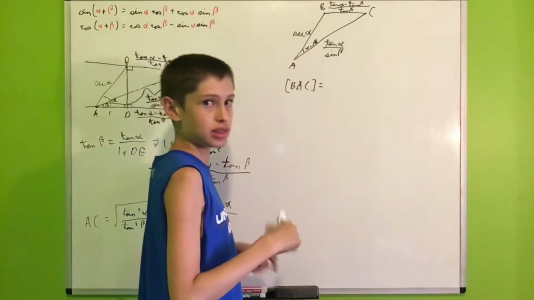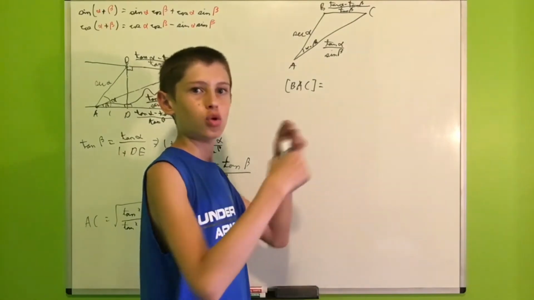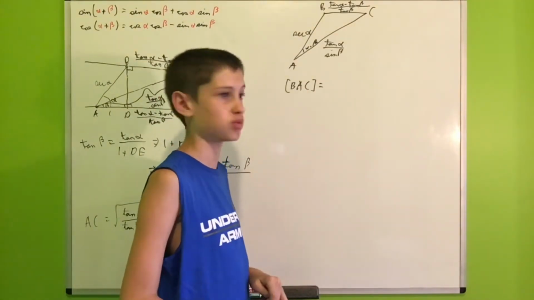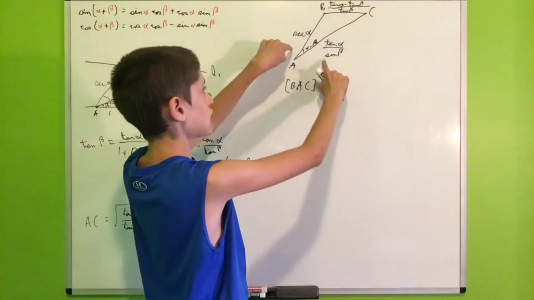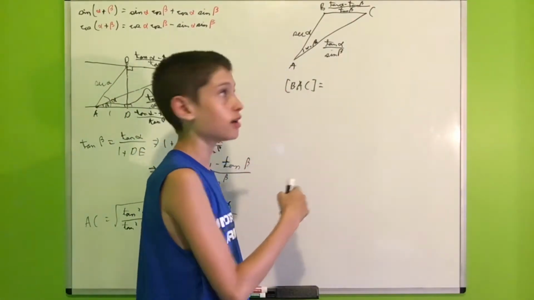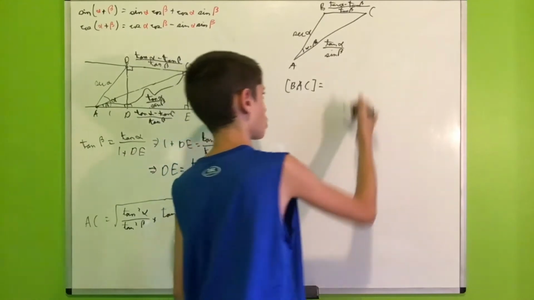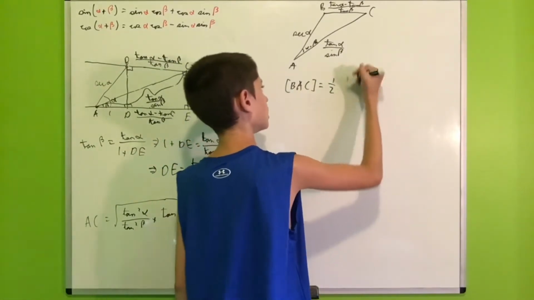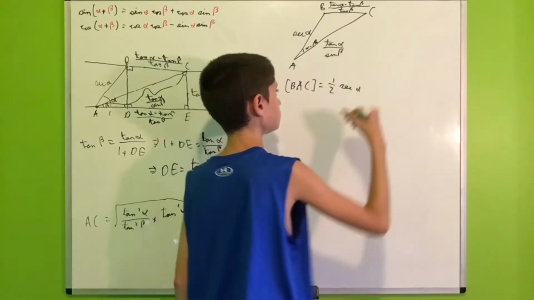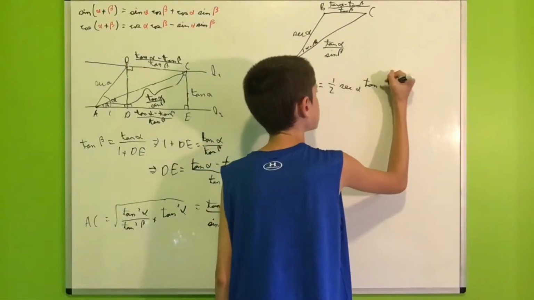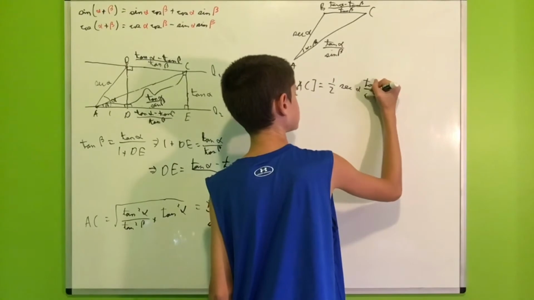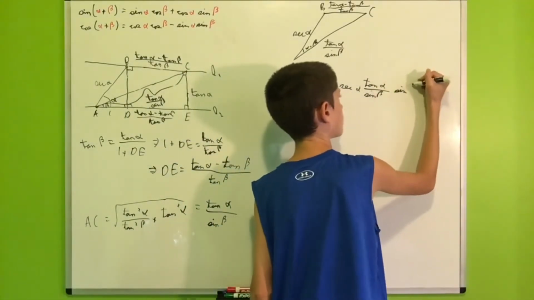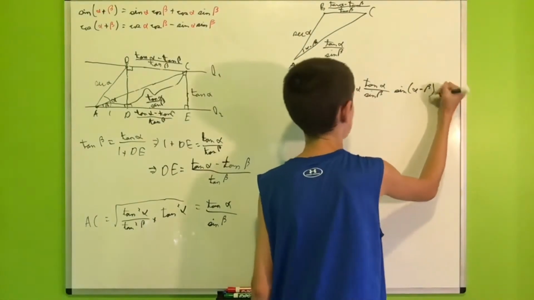One way to calculate the area of a triangle is 1/2 times the product of two sides times the sine of the angle between them. So those two sides will be AB and AC. So our area will be 1/2 times secant of alpha times tangent of beta over sine of beta times the sine of alpha minus beta.